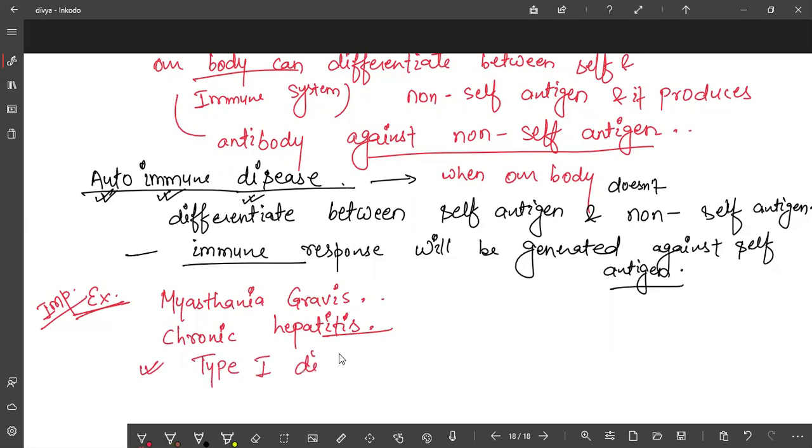Type 1 diabetes is also called insulin dependent diabetes mellitus.